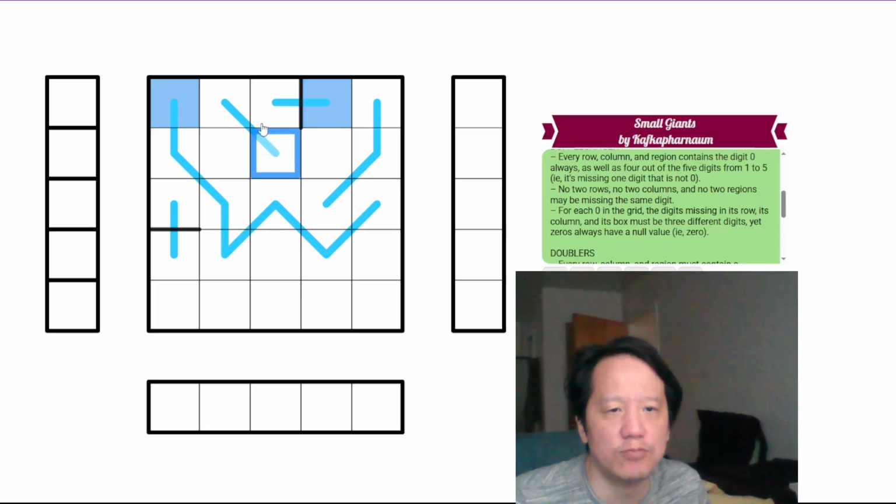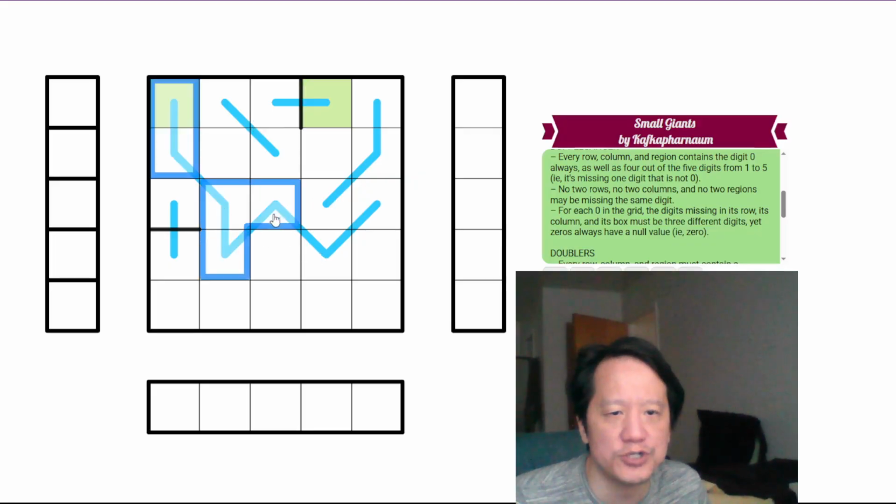One of these 2 is going to be the region number here. I guess maybe we should have the region numbers be green. So the region numbers are definitely these 2. So there cannot be another region number here. There's a region number either here or here.